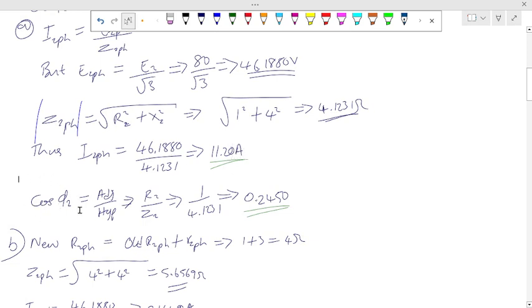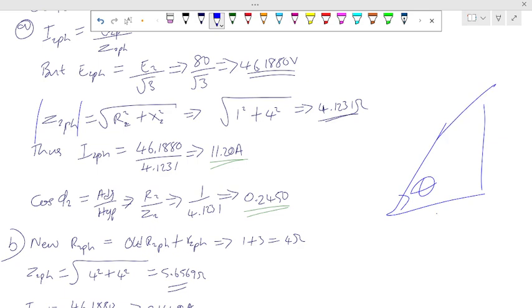Then for your power factor per phase, it is adjacent over hypotenuse. Power factor is cos phi, and cos is adjacent over hypotenuse. Note that this side is for resistance, this is for reactance, and this is for your impedance. I think we've drawn something like this in a previous video.